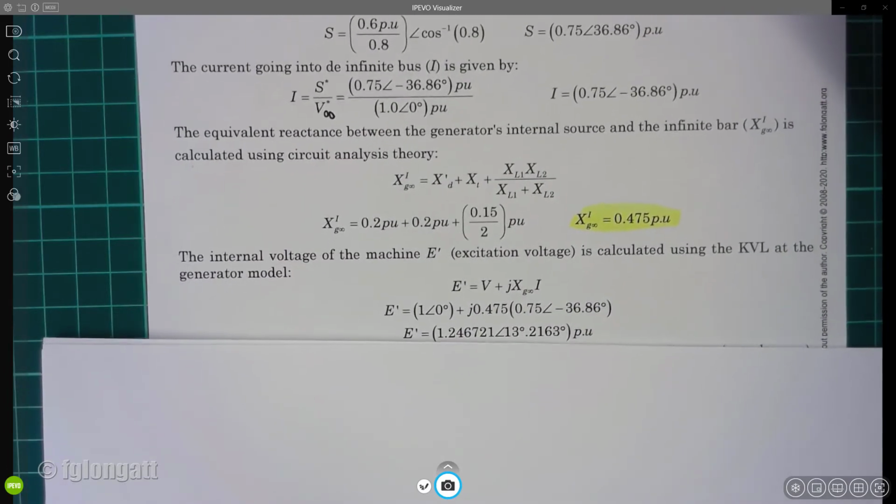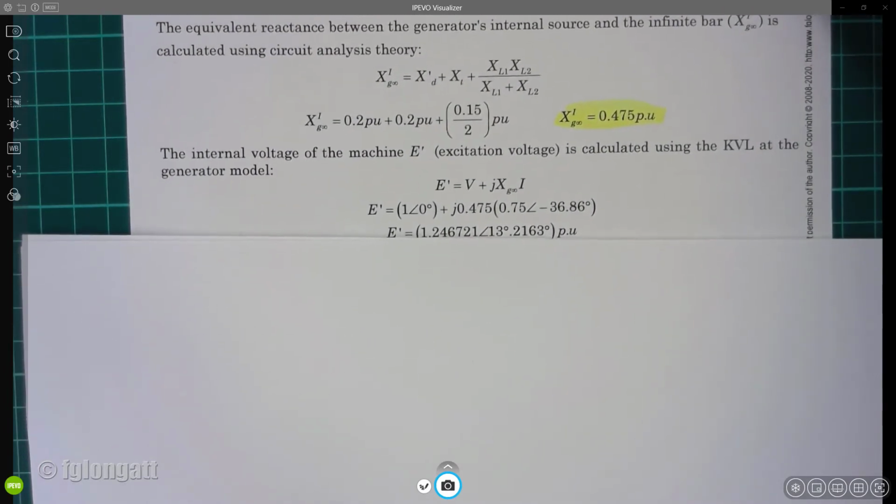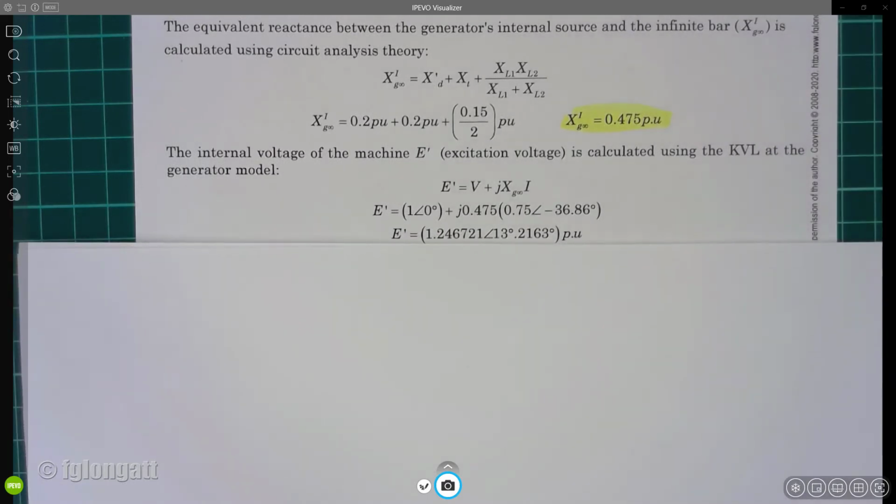What is the next step? Very simple. Now we know the impedance, the currents, and the power flow. The next step is to calculate the internal voltage of the generator. We are using the letter E, and in this case it's very simple.